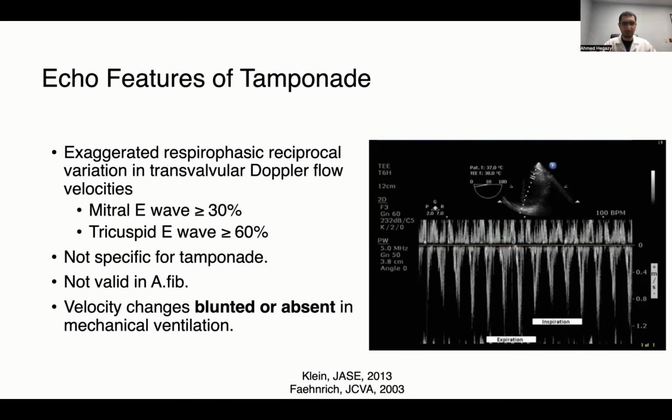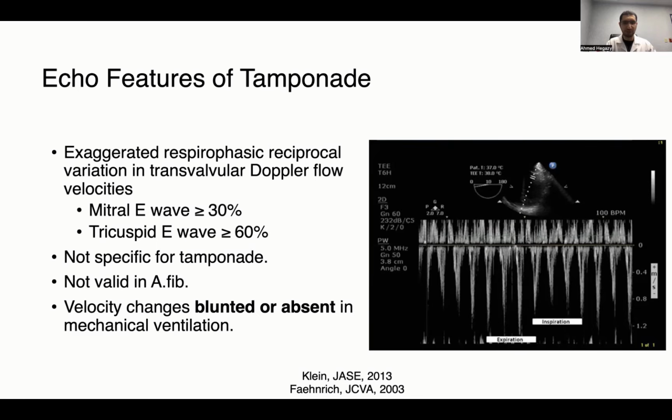Similarly, the tricuspid E wave will also have exaggerated variation with respiration. Now, the cutoff for the mitral E wave variation is greater than or equal to 30%. The tricuspid E wave variation is greater than or equal to 60%.